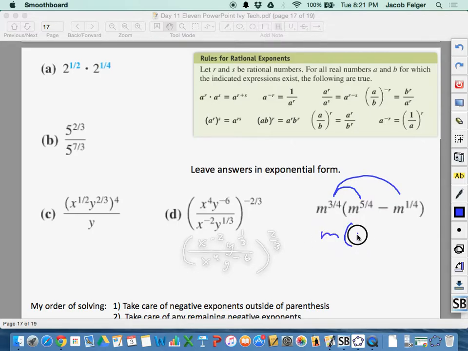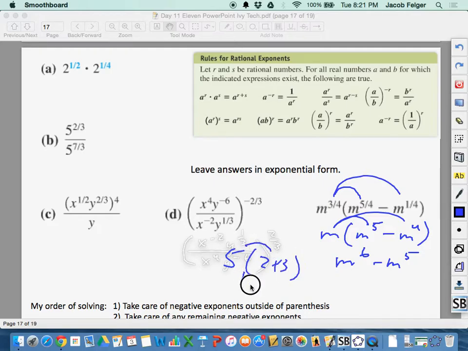m times m to the 5th minus m to the 4th. Okay, what would that be? That would be m to the 6th, and that would be minus m to the 5th, so we added, right? So do you see how it'd be really tempting to multiply those fractions? Because if you just have numbers, that's exactly what you do. You multiply the numbers.